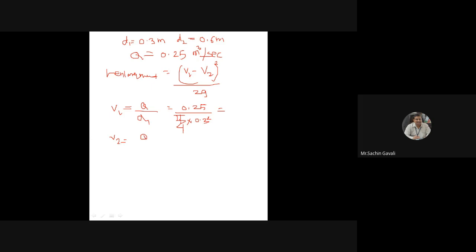Somebody can tell for the others who are solving without a calculator: the value of V1 and V2. Shivani, Nikita Pawar, Rakesh, somebody can tell.